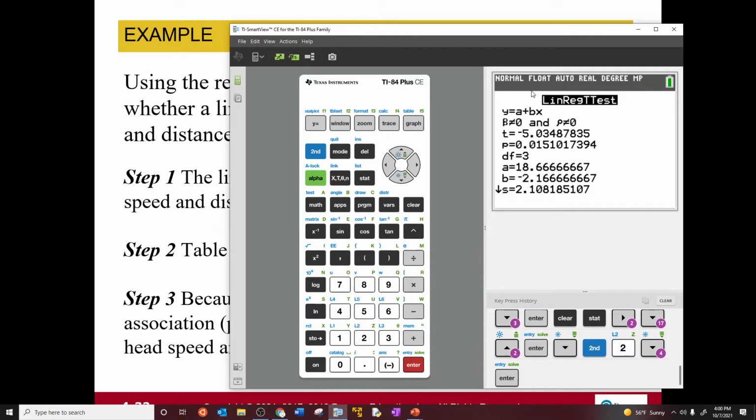And the P lets us know. So our P is 0.01. That lets us know, because it's small, that yes, there is a relationship between them because of our P value.